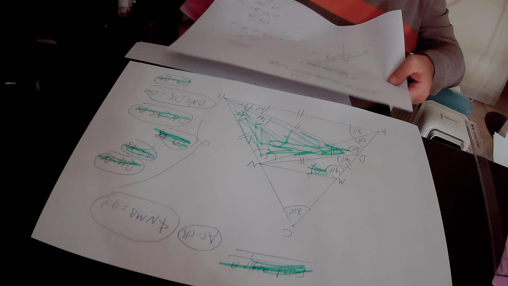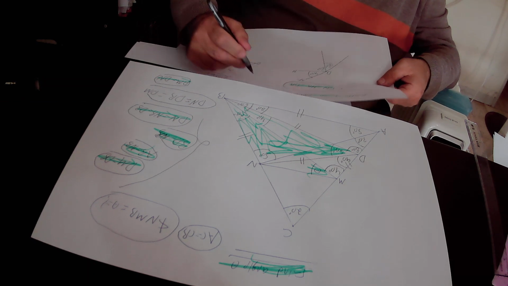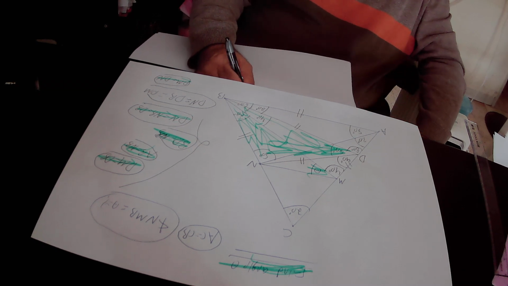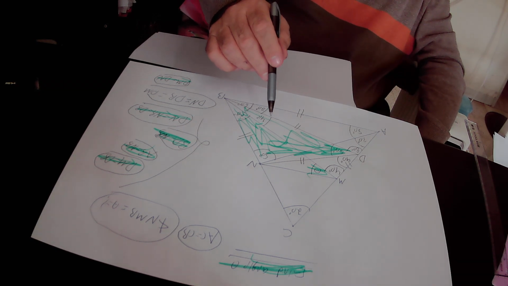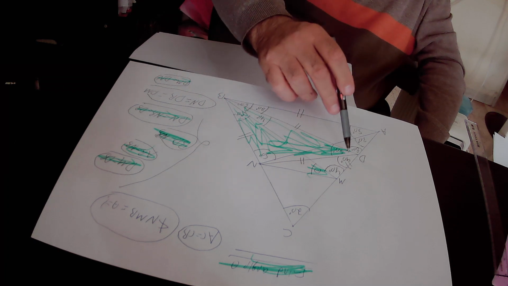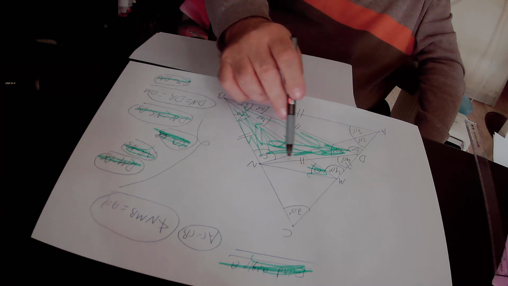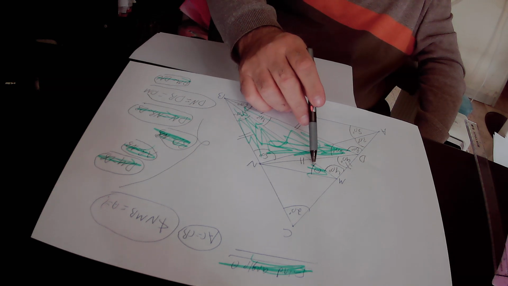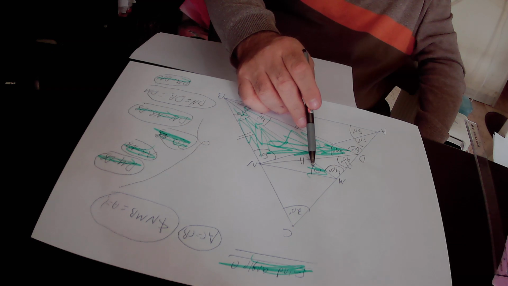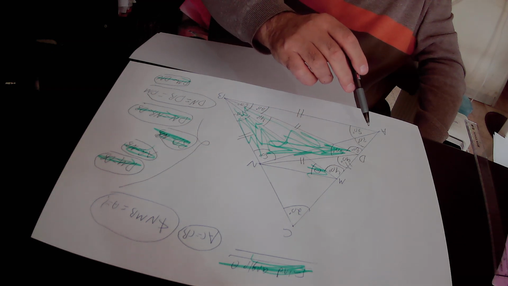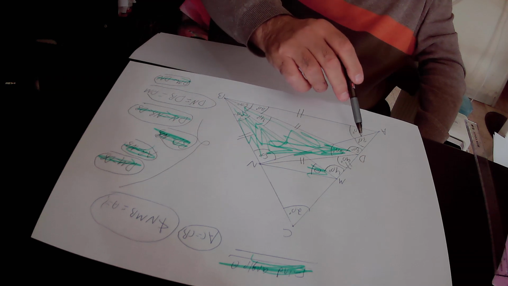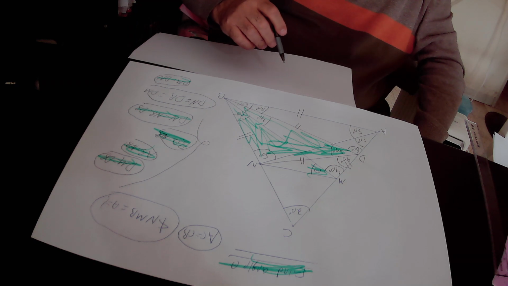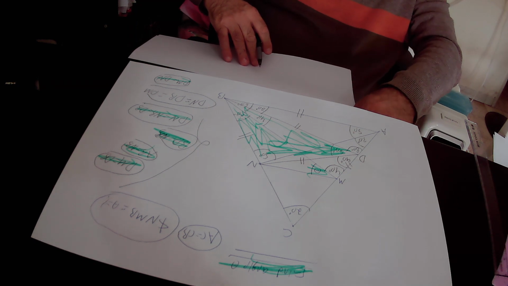It is very easy to see from the drawing that the big angle DMN minus the small angle DMB must be equal to the missing angle, that is the angle theta, the angle that we are looking for.